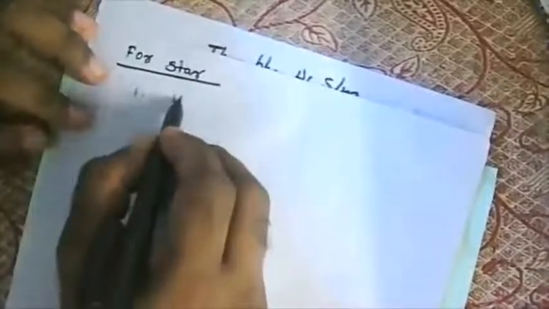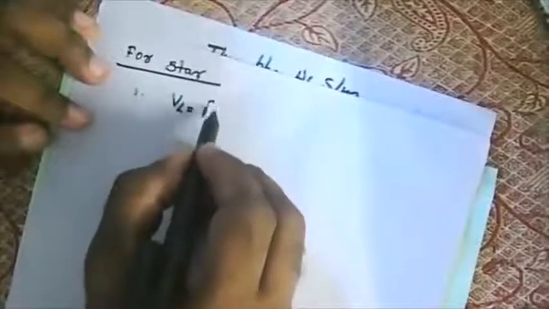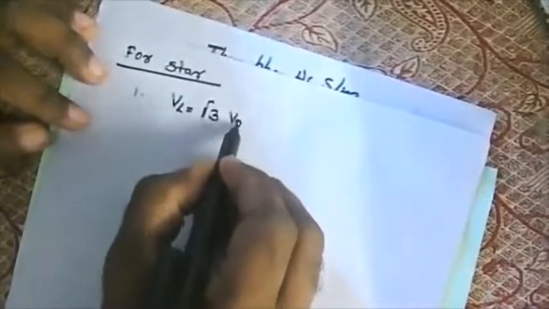The first point is that for star, we have derived VL is equal to root 3 V phase.